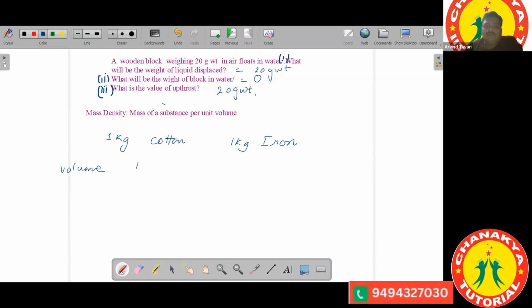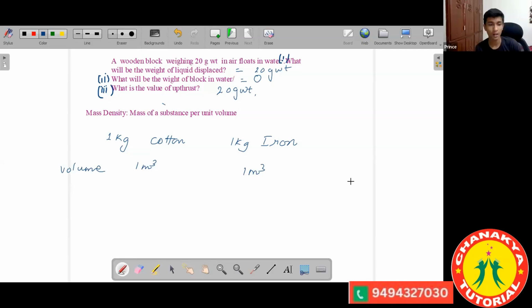If I take 1 meter cube of cotton and 1 meter cube of iron, which one will weigh more? Which one will have a greater weight? Sir, iron. Iron will have a greater weight, as both are confined to the same volume of 1 meter cube.